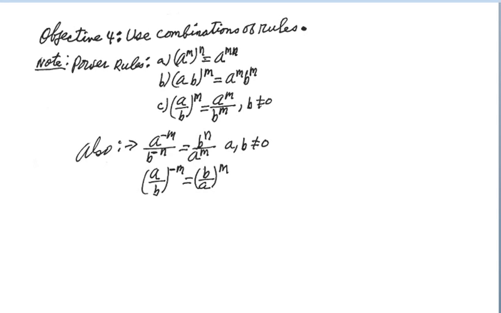Also, a to the minus m power over b to the minus n power equals b to the nth power over a to the mth power, where a and b do not equal 0. Notice what this is basically saying is, if we have a negative exponent in the numerator and a negative exponent in the denominator, we can switch the bases.